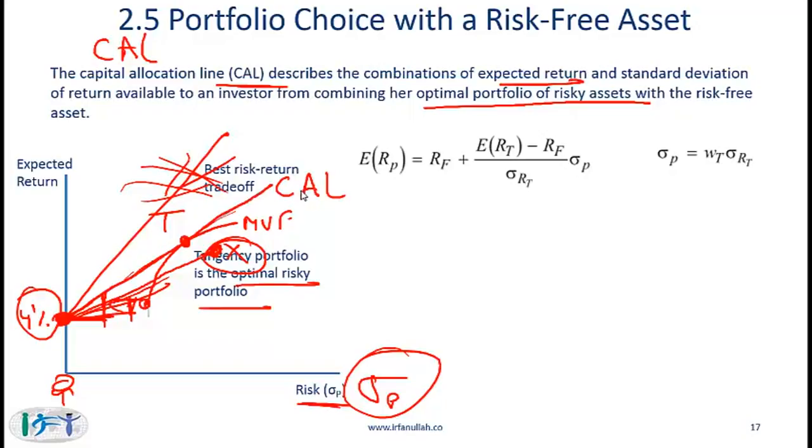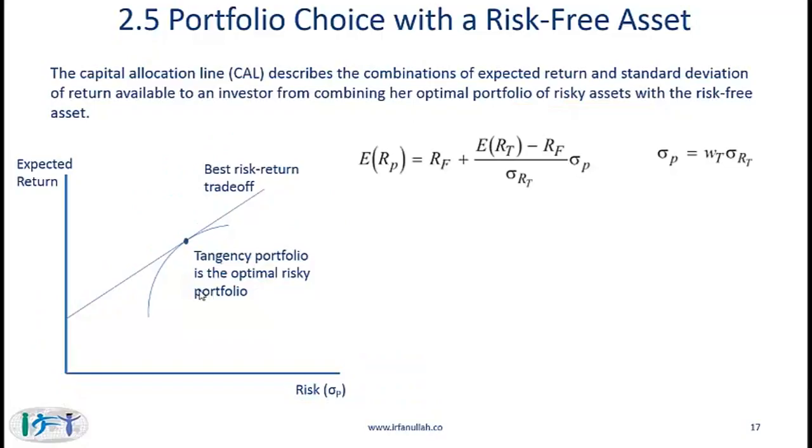All right. Now, what is the formula of the capital allocation line? This calculation is fairly straightforward. Here is what we are going to do. We are using the form y = mx + c. So y is the expected return, m is the slope, and c is the y-axis intercept.